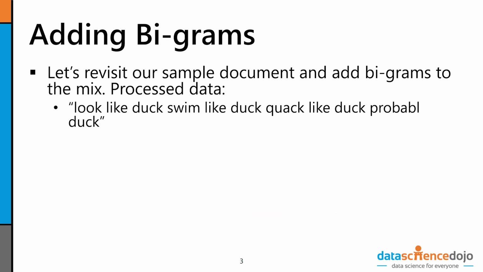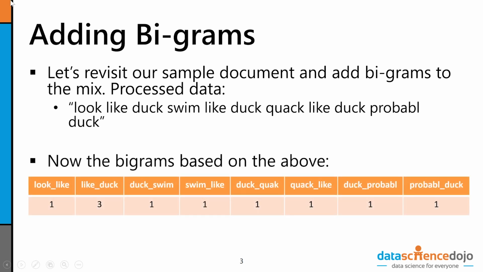Now, what are bigrams? If we actually do a bigram of this particular document, this is what we get: look like, like duck, duck swim, swim like, duck quack, quack like, duck probable, and probable duck. This is not particularly difficult to figure out.